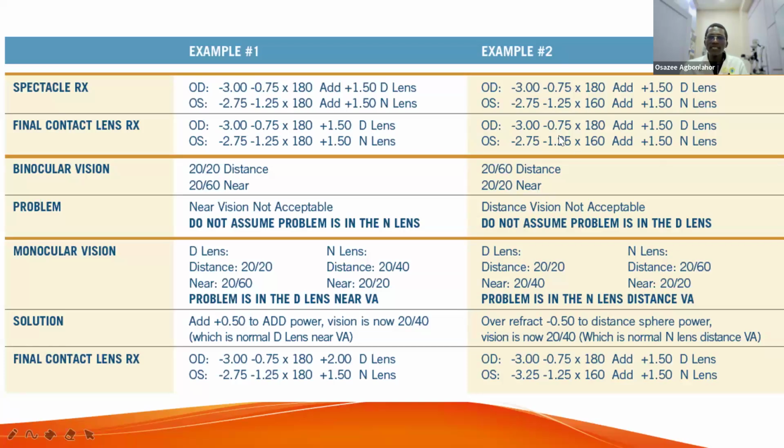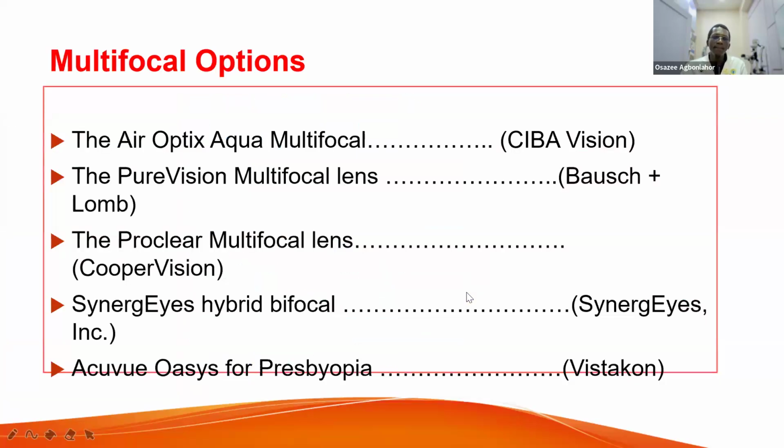Same here, the same thing they did, but this time the problem was at distance. And of course, they altered the distance prescription for that particular eye, which in this case was the near lens, left eye. And they ended up increasing the distance prescription for the left eye to be 3.25 instead of 2.75, and that gave the patient optimal prescription.